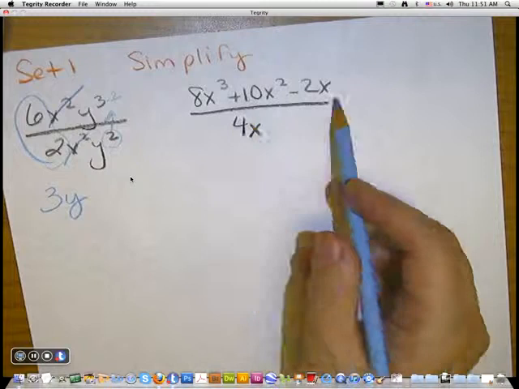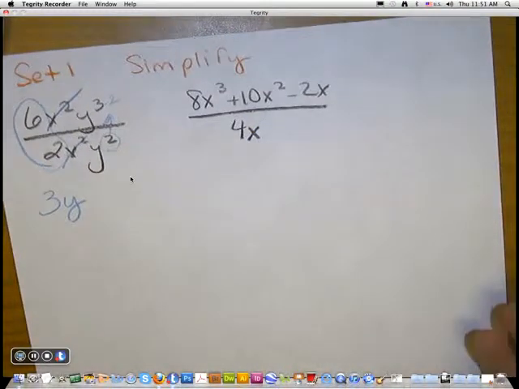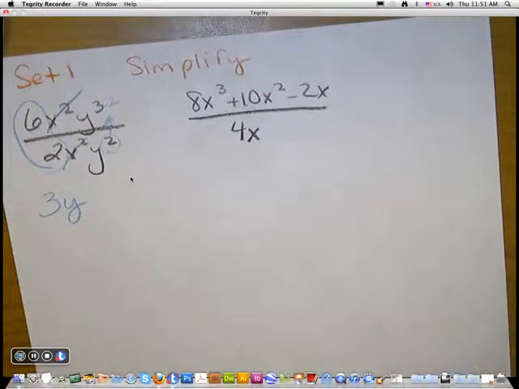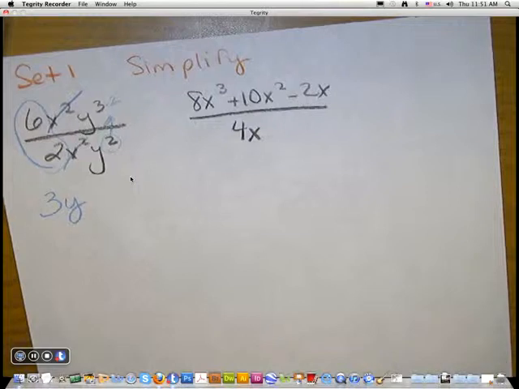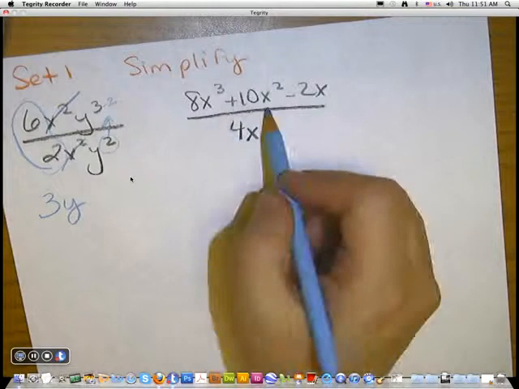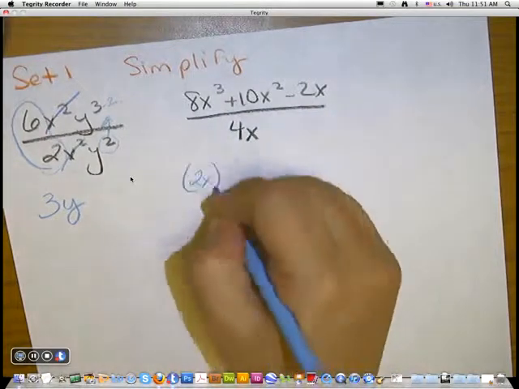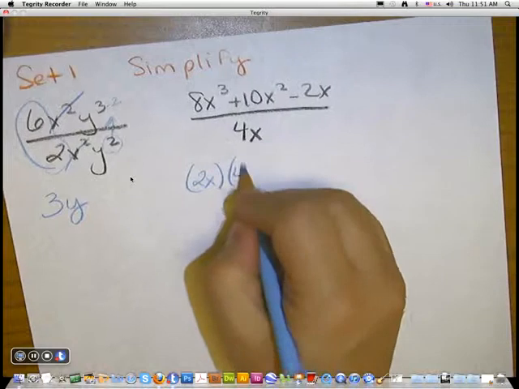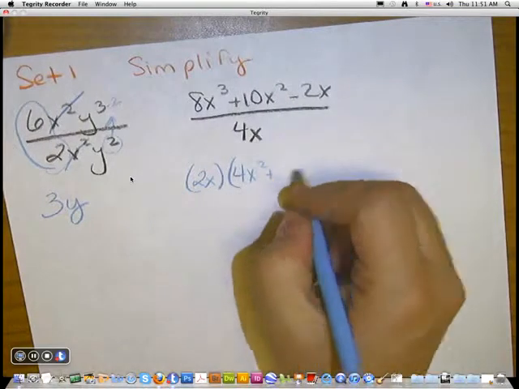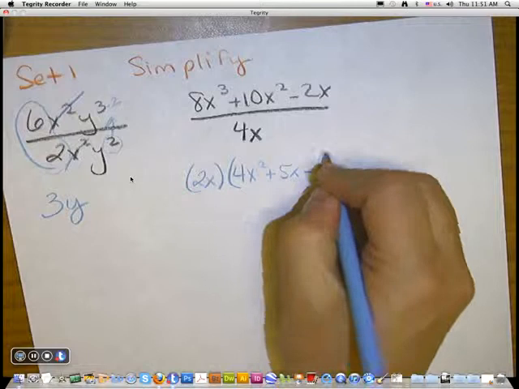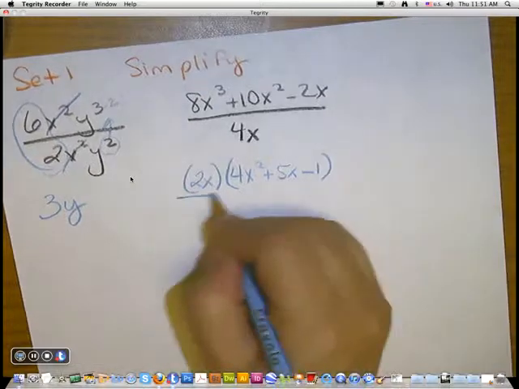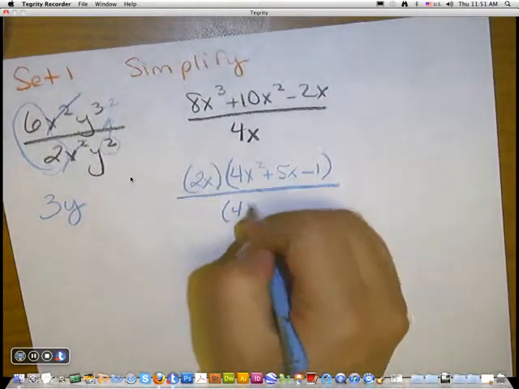Because of this plus minus, I can't do any type of cancellations. Everything must be multiplied. So I want to put everything I can into parentheses. One way to do that is to factor. So one thing I can factor here is a GCF of 2x. And then that would be multiplied to 4x squared plus 5x minus 1, all over the 4x.